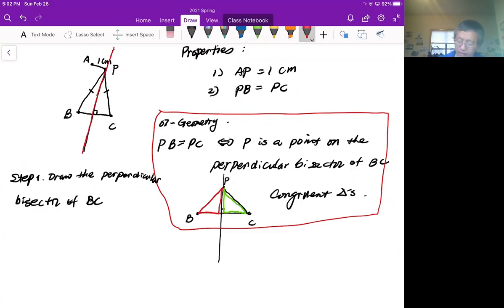And how about the second condition? The second condition is that I just need to make sure AP is equal to 1 centimeter. Well, that's easy. That just means that P should be on a circle, right?